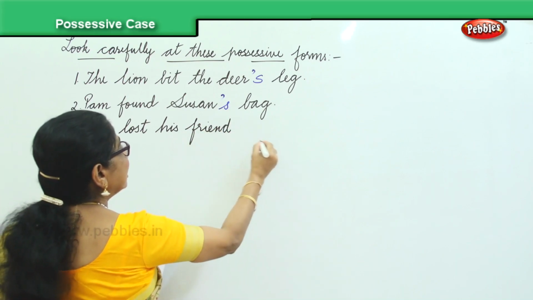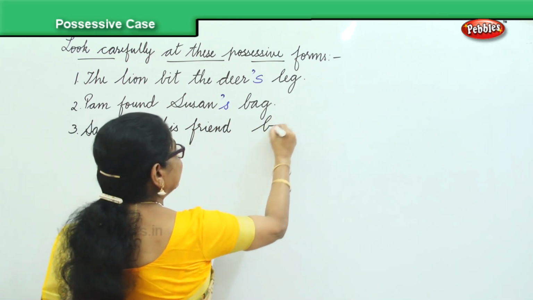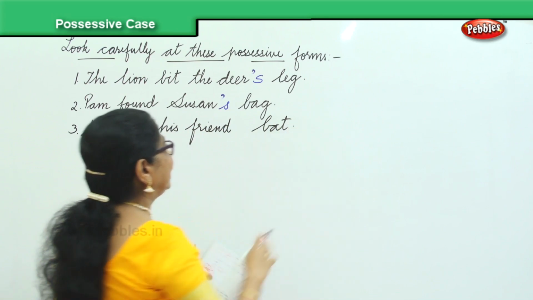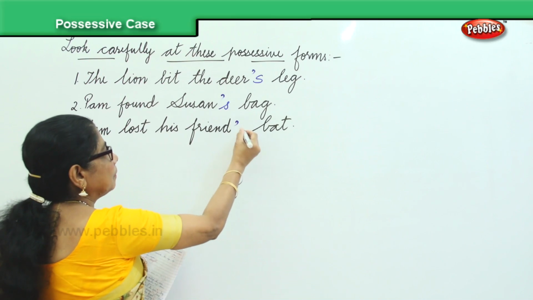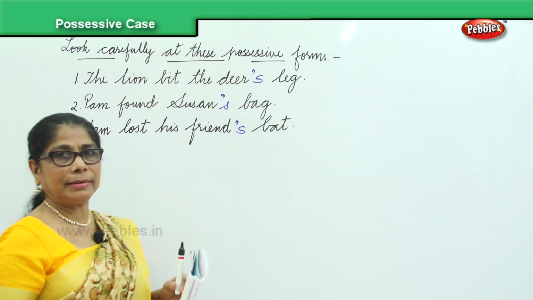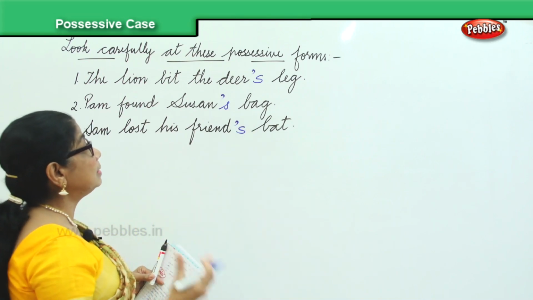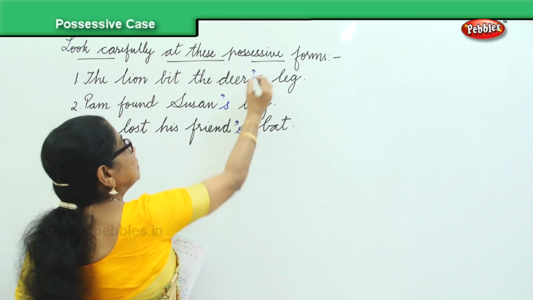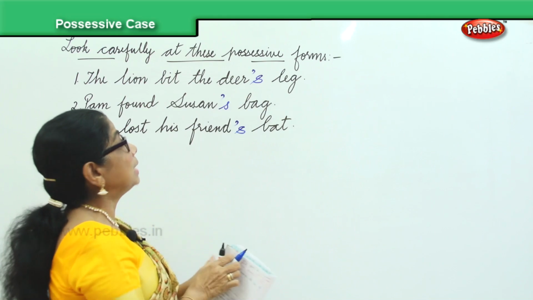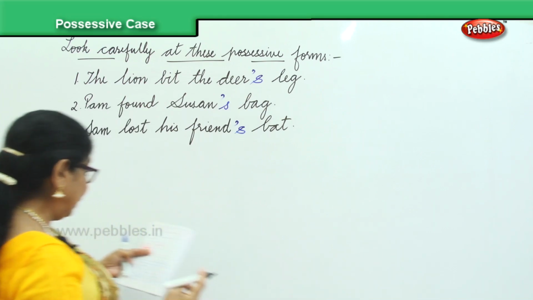Sam lost his friend's bat. Went to play in the playground and Sam lost his friend's bat. Deer's leg. Susan's bag. Friend's bat. Okay? Possessive forms.